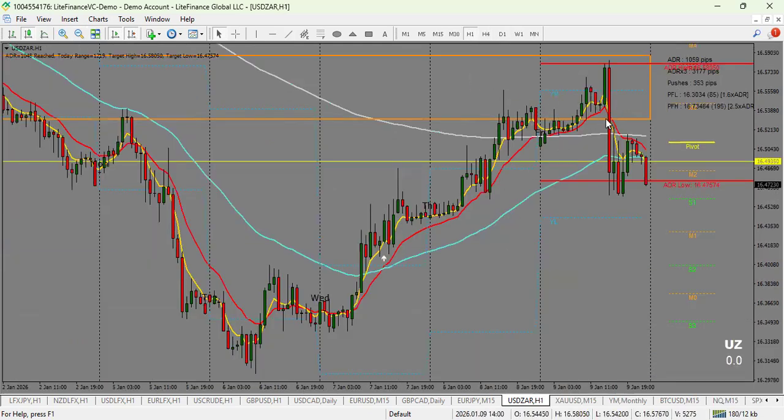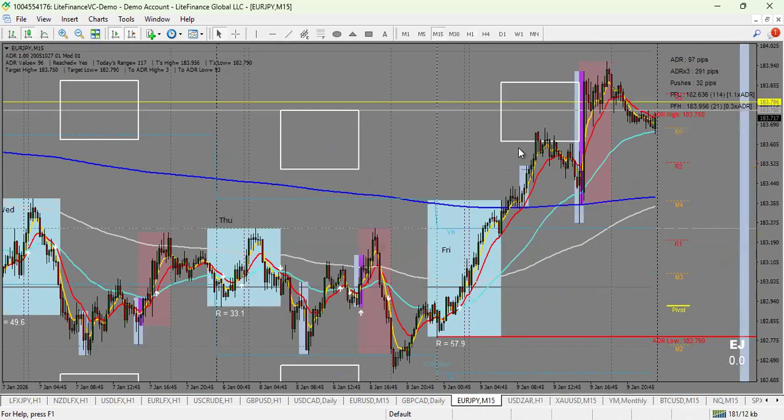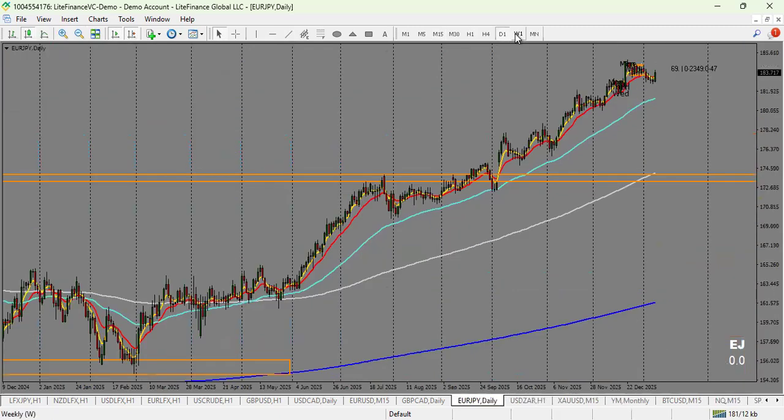So we are having a very good peak reset on USDZAR, and we should expect the market to continue going down. We have a breakout block right here. That's a possible area where the market would go for a stop hunt and go down. That is on USDZAR.